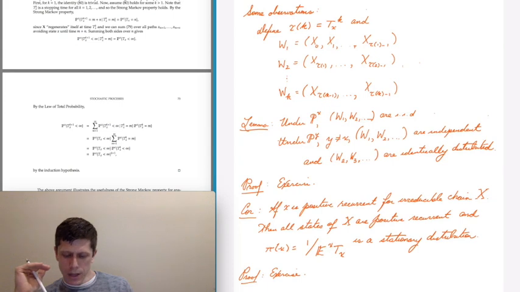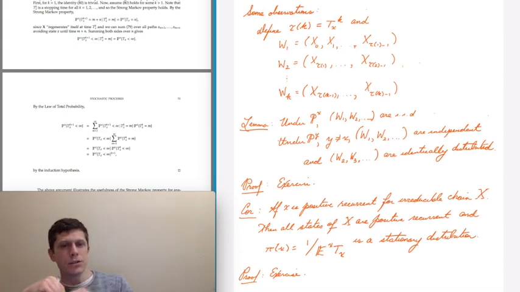And intuitively, why would that be the case? Since x is positive recurrent, we're going to return to x in a finite amount of time with probability 1, and the expected amount of time it takes us to return to x is finite. Every time we return to x, since it's irreducible, there's a chance we're going to visit another state, say y, with positive probability before we return back to x.